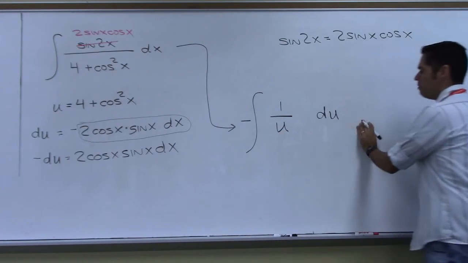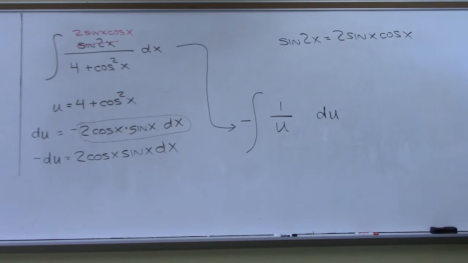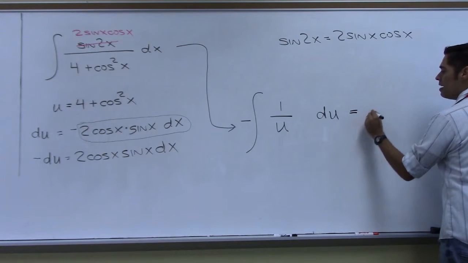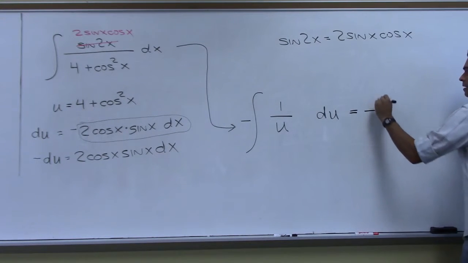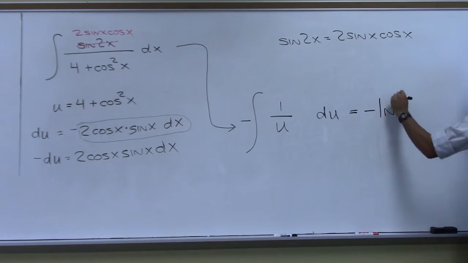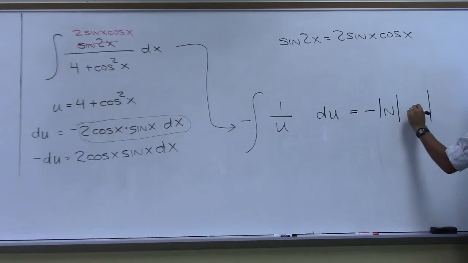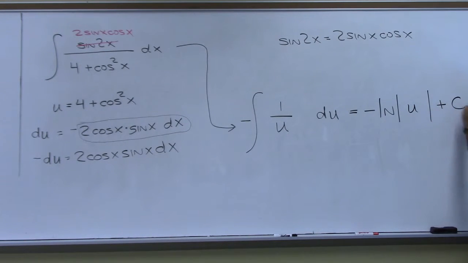And now we better know how to do that, right, if we're going to be able to do it. This is natural log. So this is negative, because of the negative out front. Natural log of absolute value of u, which, yeah, I'll do that next step. That's this, right?